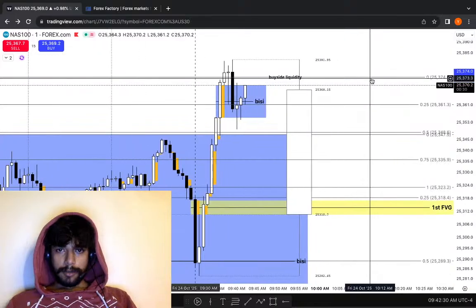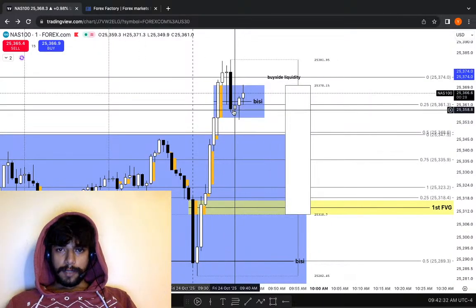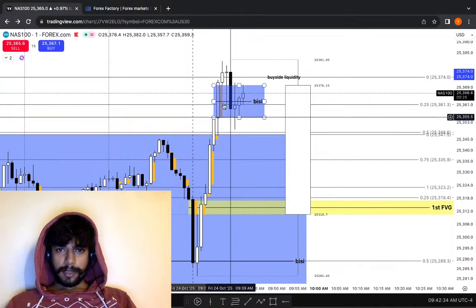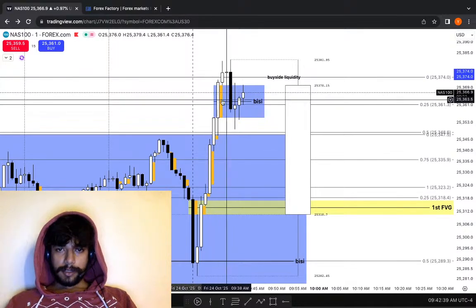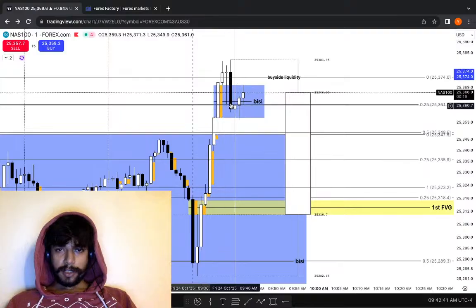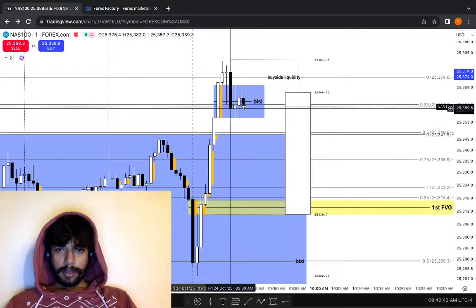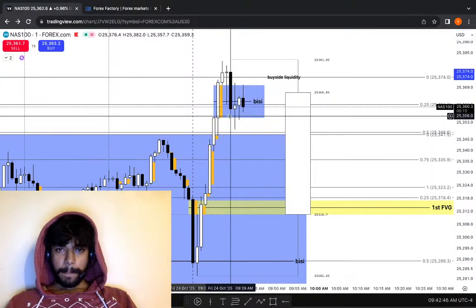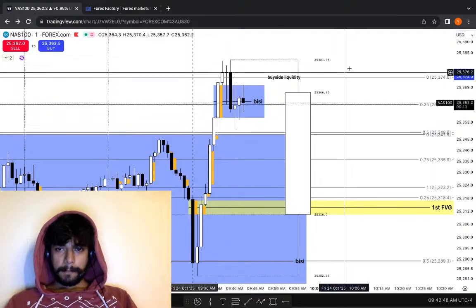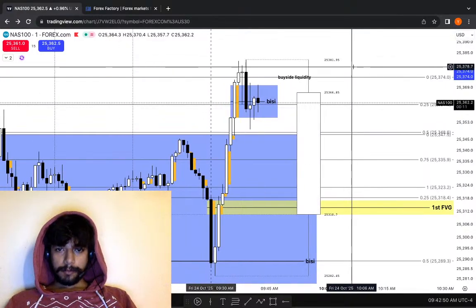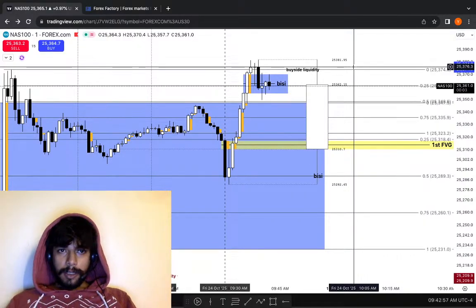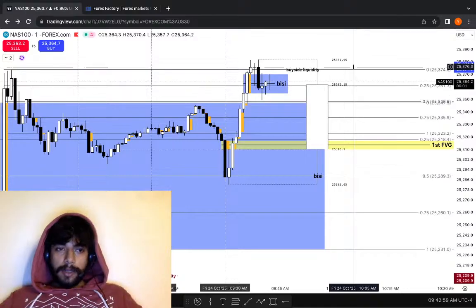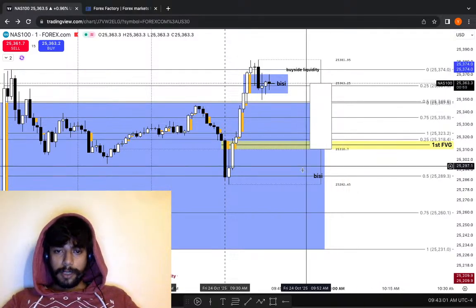Okay, so look at that, the body of the candle did not close outside this buy side imbalance, sell side inefficiency, which means price is algorithmically still trying to hold this gap. But currently, till that 9:45, I would like to wait it out and let's see how they are going to do the rest of this stuff.